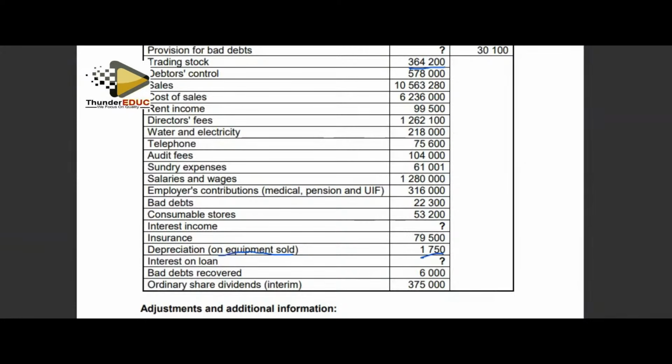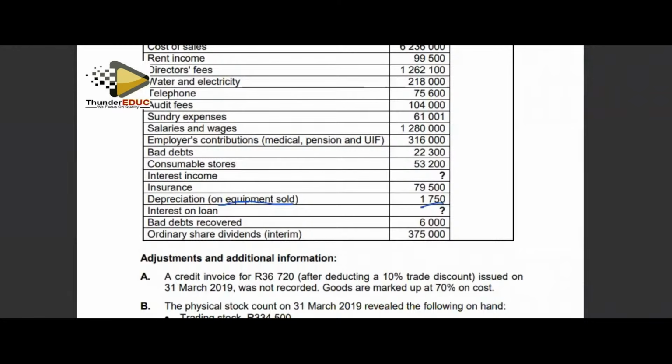Remember, physical stock taking means the actual stock when you count physically. The books show stock of 364,200, but after counting item by item, we have 334,500. These are two different items. What we have is smaller than what we have in the books, which means some stock might have been stolen or anything.